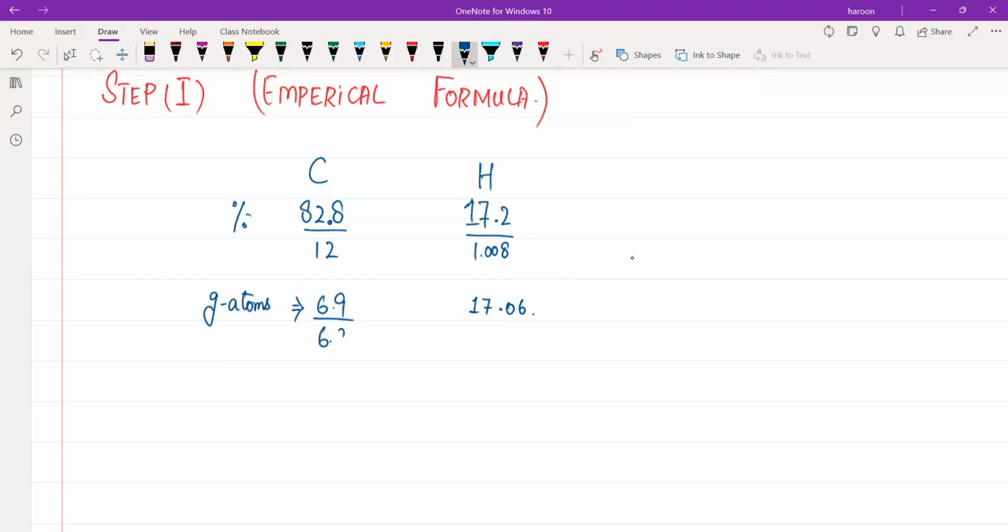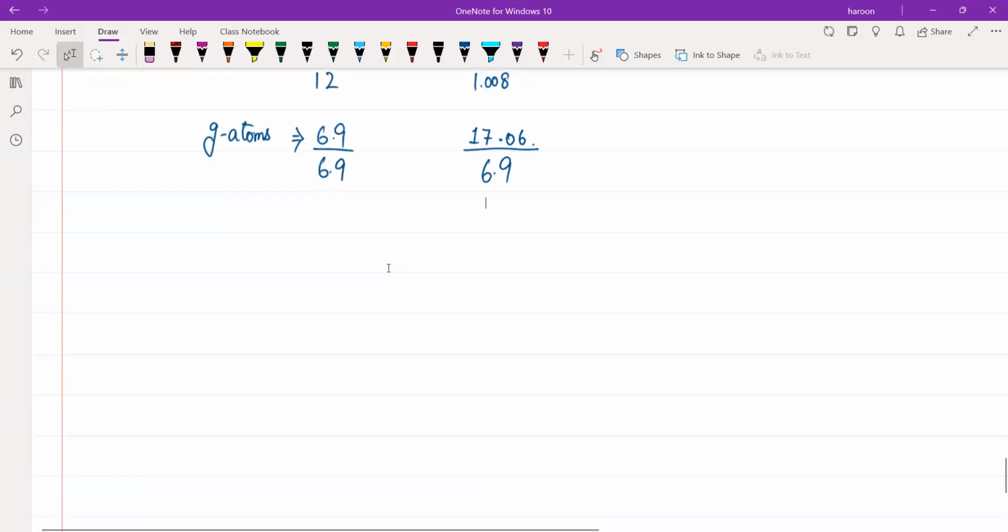6.9. So we divide by the smallest number. When we divide by the smallest number, carbon is 1. And the hydrogen ratio is 2.47.